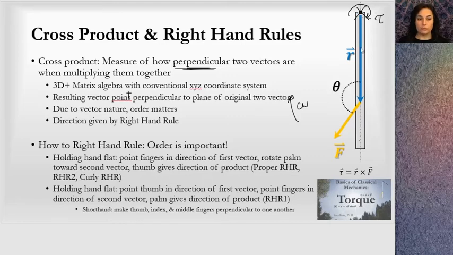It's into the page. If the force didn't apply any torque, let's say I have this force downward, F2, it's not causing any torque, right? And so these two vectors, R and F2, are parallel to one another, so I don't get any cross product out of it. The cross product would be 0 between R and F2, whereas it's non-zero for this force that is somewhat perpendicular, right?